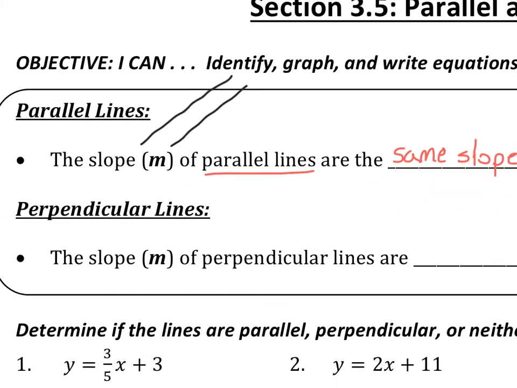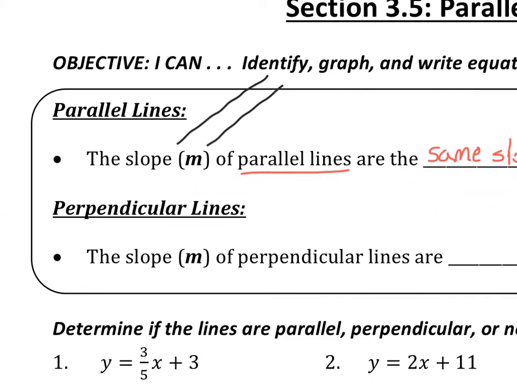Next, let's talk about perpendicular lines. So when you look at perpendicular lines, they actually do cross each other, and they cross each other to create a right angle, a 90-degree angle. To be able to tell that by looking at their equations, you can do that also by looking at the slope.